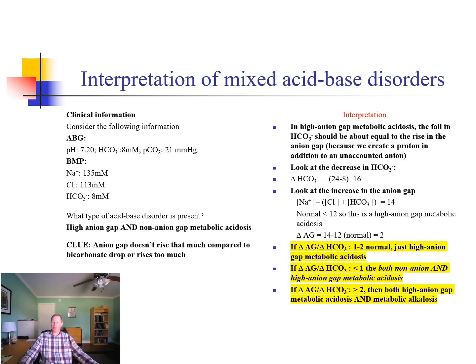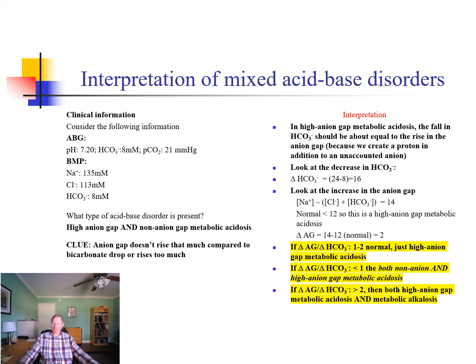The way I do that is I look at the change in anion gap relative to the change in bicarbonate. So every time I have a high anion gap metabolic acidosis, I'm also going to calculate a change in anion gap and a change in bicarbonate. And this is how I do that.